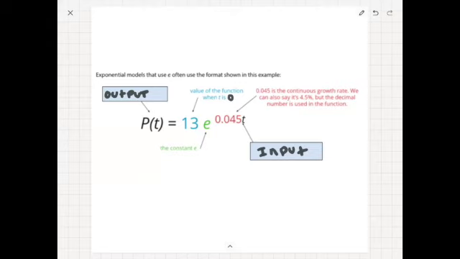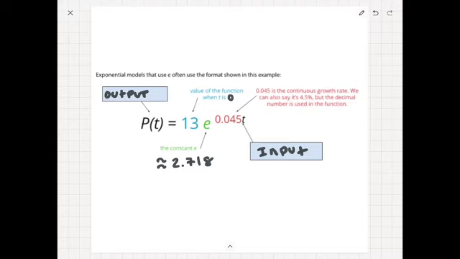What is the constant E? Well, E is just a number, right? It's just approximately 2.718. It's some number right around there, okay? So that's what E is. And then this new thing that we have in our equation as well is this 0.045. And so E is the growth factor, and 0.045 is the continuous growth rate.